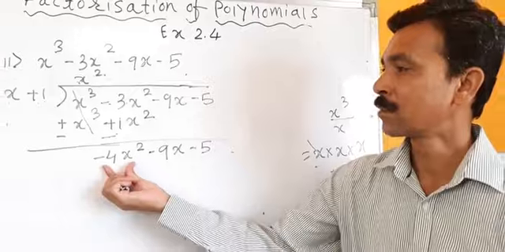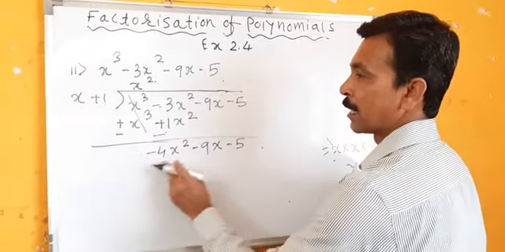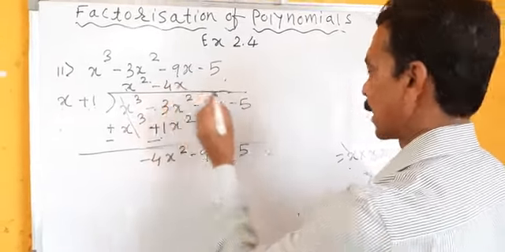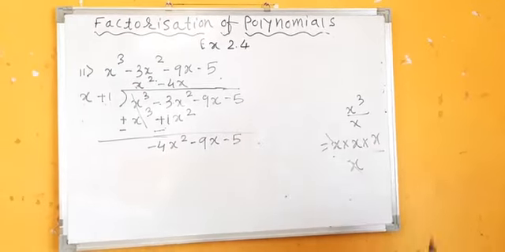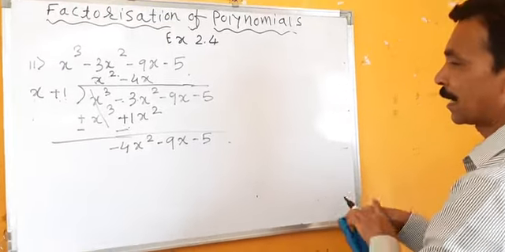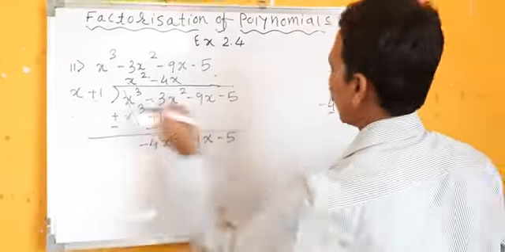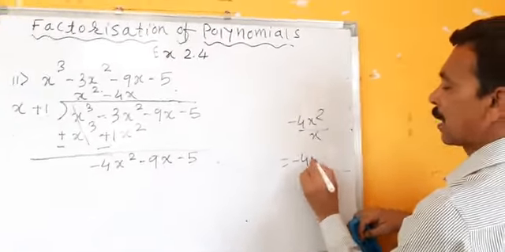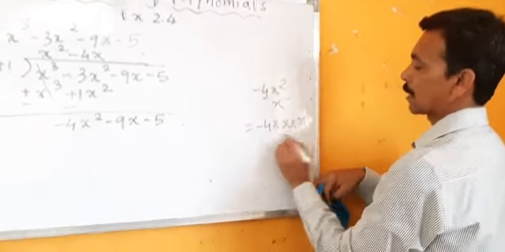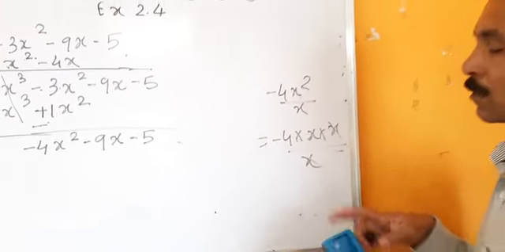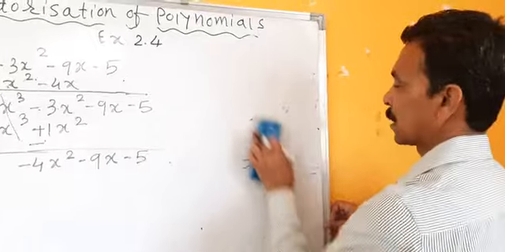Now divide this. Minus 4x square divided by x is minus 4x. If you are not getting it, then check like this. Minus 4x square divided by x means minus 4 into x upon x. It gets cancelled. What is left? Minus 4x.